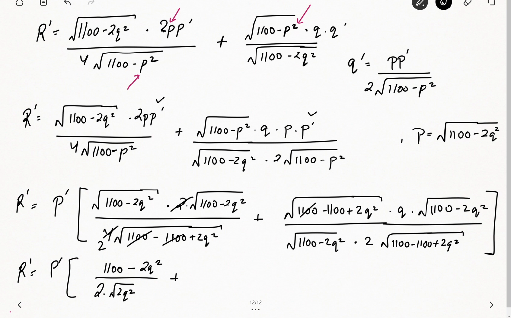Plus, on that side, you'll cancel up these two. On the bottom, only these things are going to get cancelled out. That's pretty much it for the cancellation.